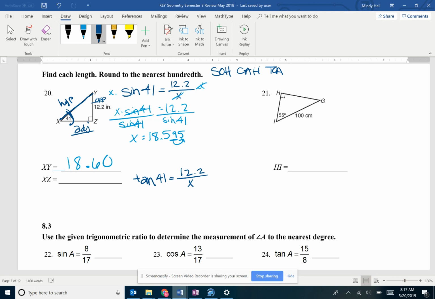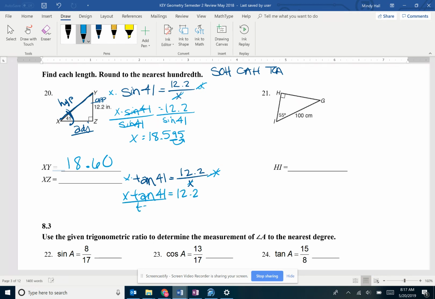You multiply by x, but ultimately we get to this part where your x is equal to this divided by that stuff. Now, some people can see it and just do it automatically. Some people forget that it's only when the x is on the bottom. So make sure you understand the algebra behind it before you use shortcuts. So we'd have x times tangent 41 equals 12.2.